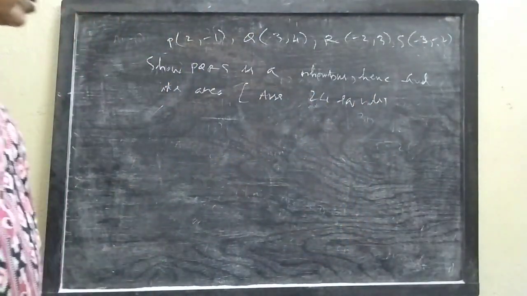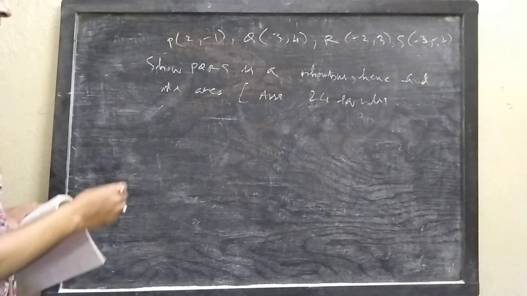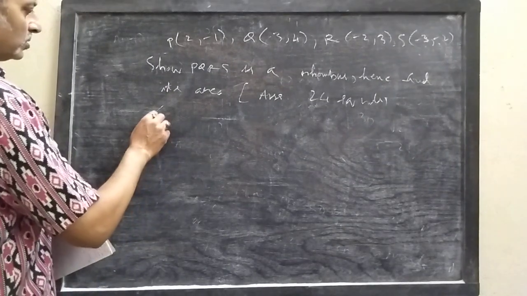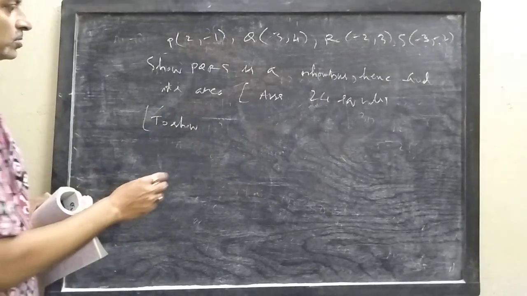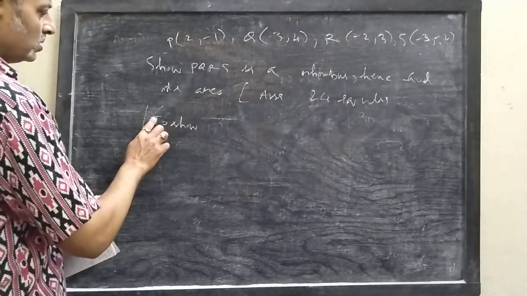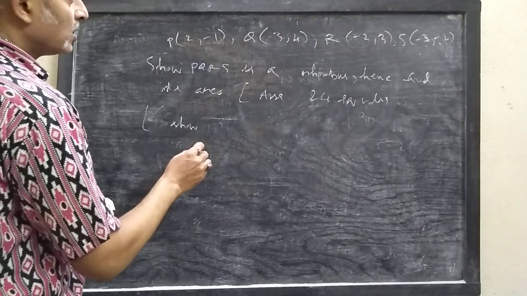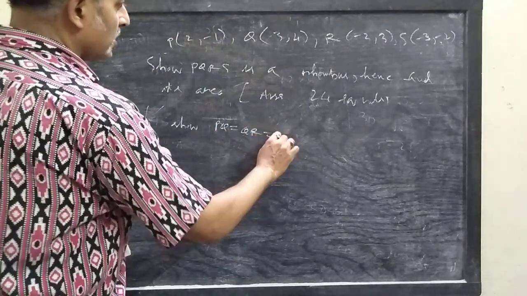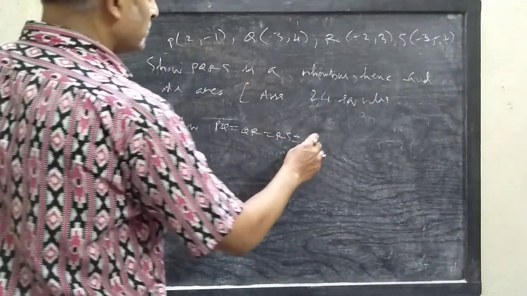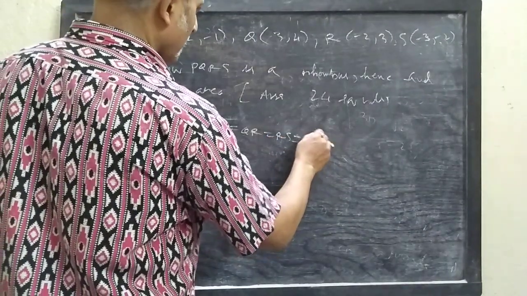And how can you show this? You show as a guideline like this: show PQ equals QR equals RS equals SP.